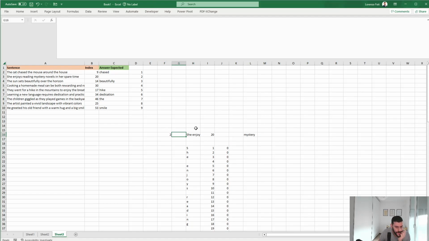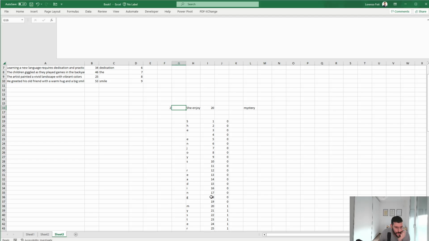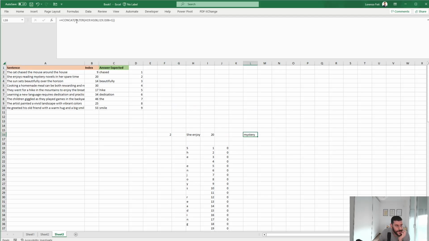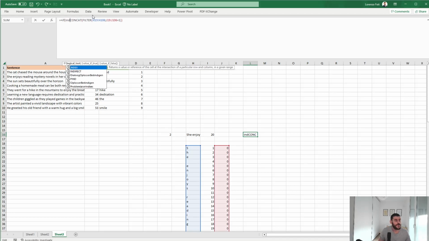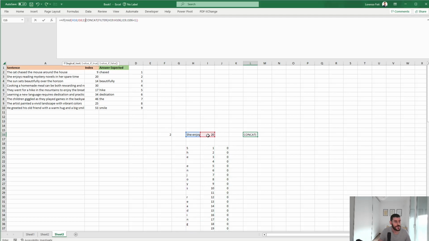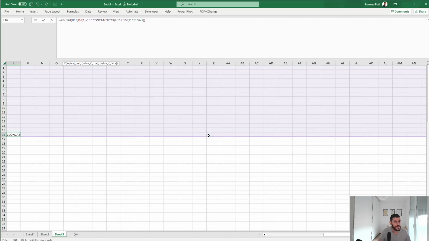So mystery. If mid of this starting at this 1 equals space, it's nothing.